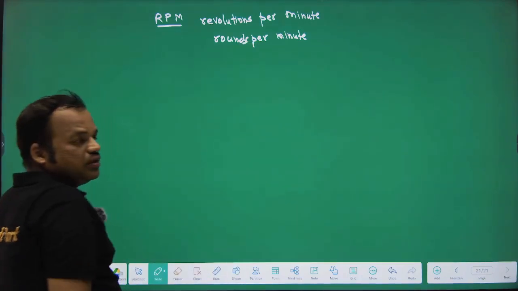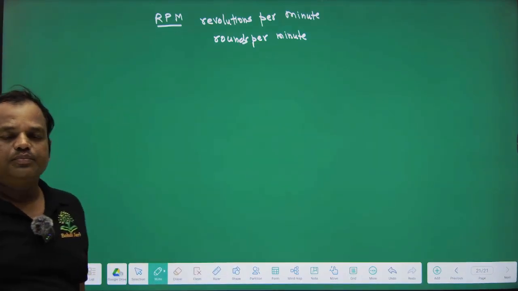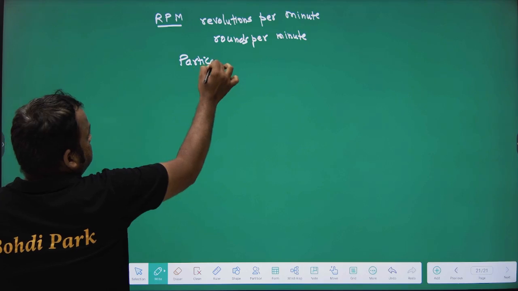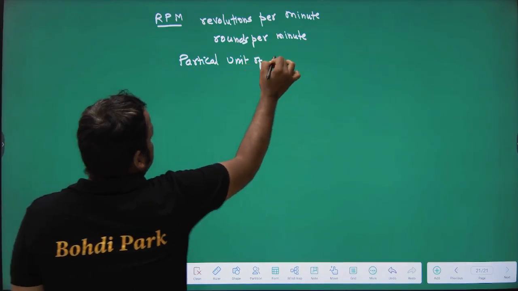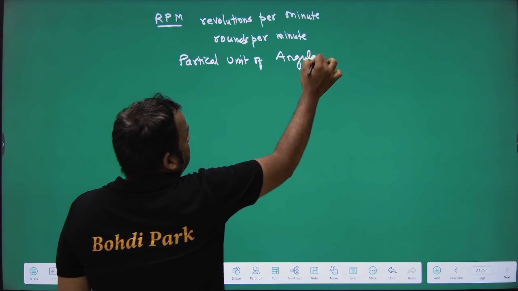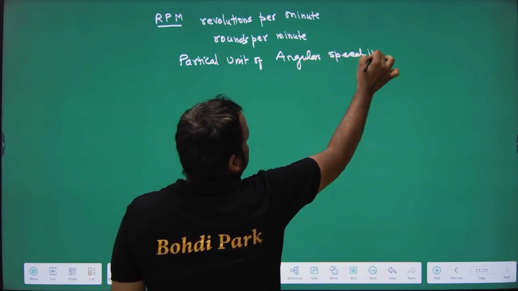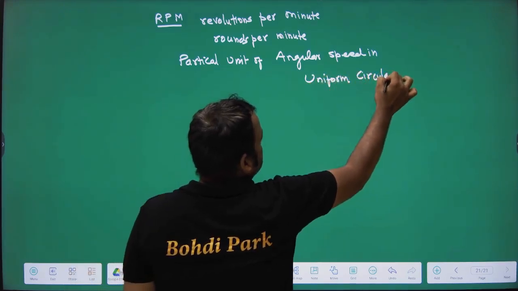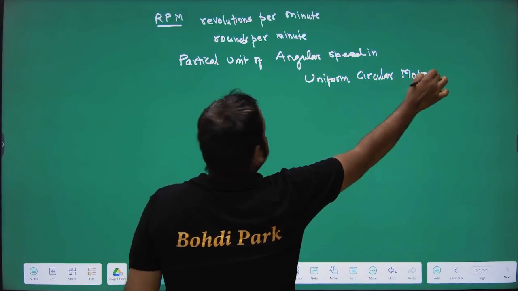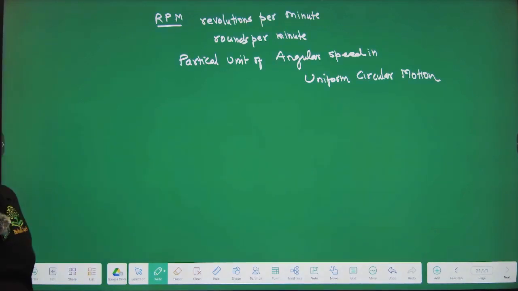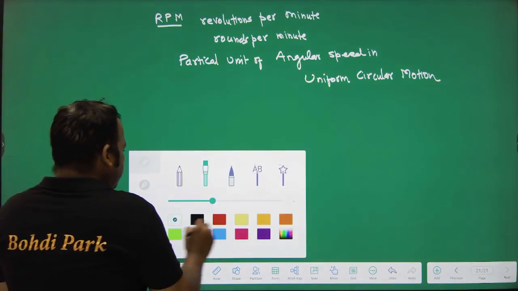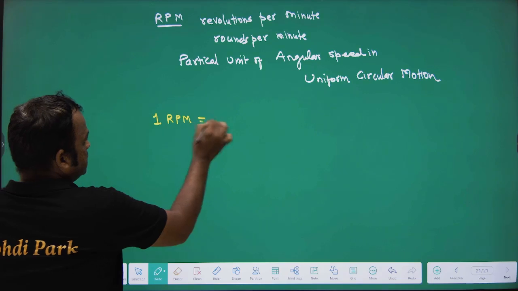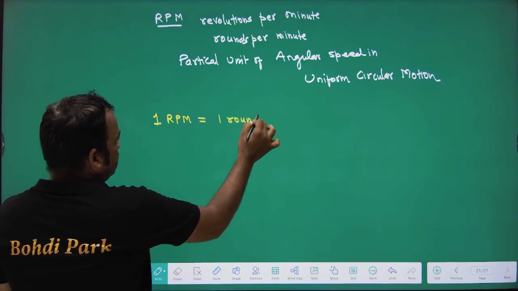This is also a practical unit of angular speed in uniform circular motion. So what do we mean by 1 round per minute? If I say 1 rpm, that means 1 round per minute.